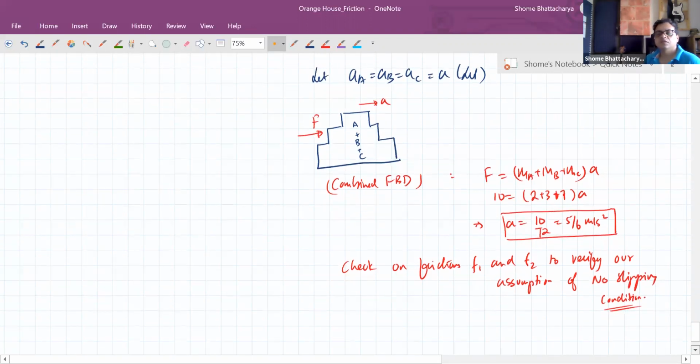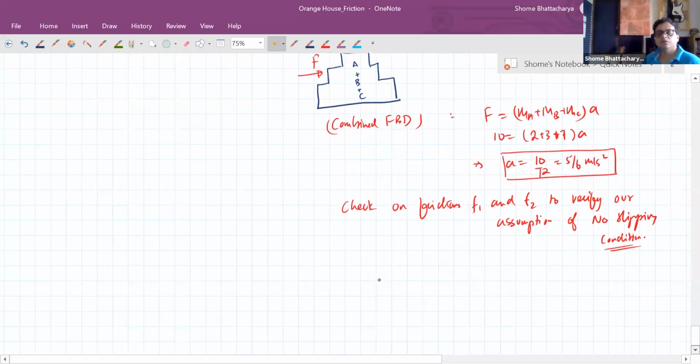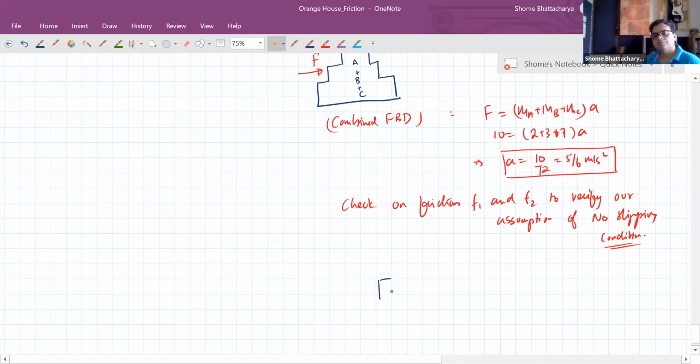So to check that, you go back to the free body diagram of block A. Block A पे क्या है? There is only one force horizontally, friction, and it's supposed to have this acceleration. So F1 should be equal to mass of A into this acceleration. Mass of A was 2 kg and this acceleration is 5 by 6.